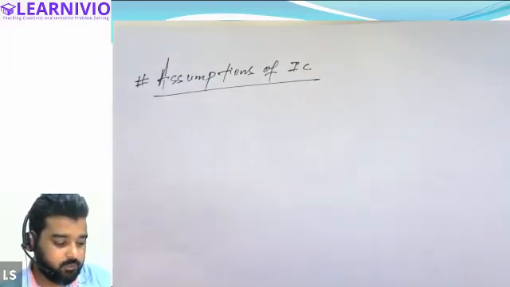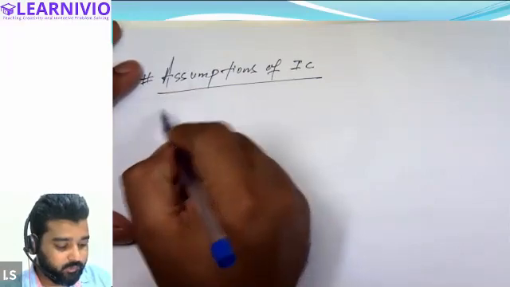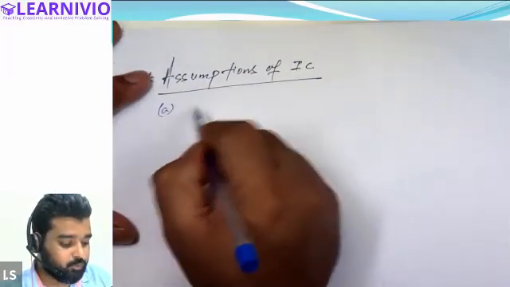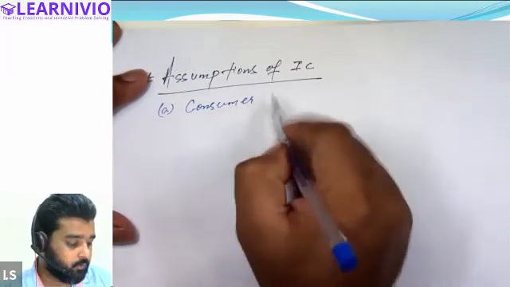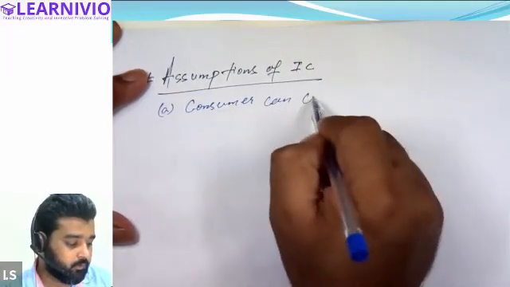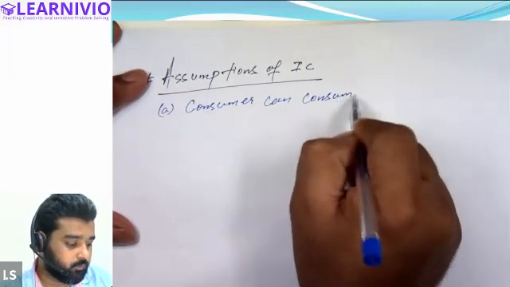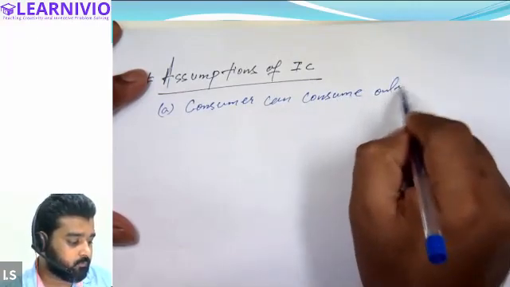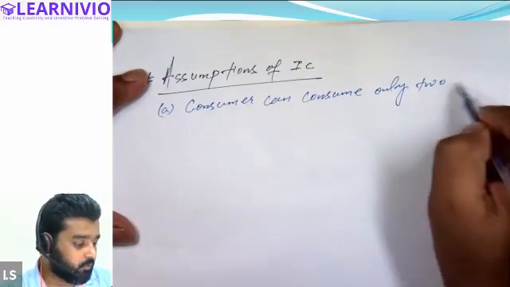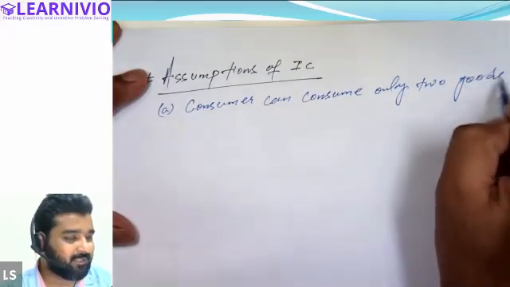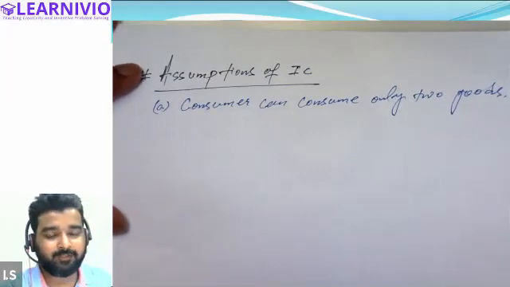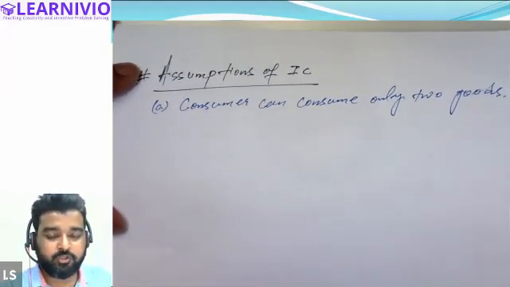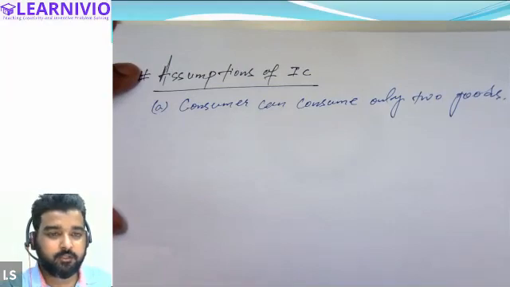Assumptions are easy. First of all, we assume that the consumer can consume only 2 goods. Why is it assumed so? Because we have only 2 axes to present every combination, right? We have only the x and y axis.